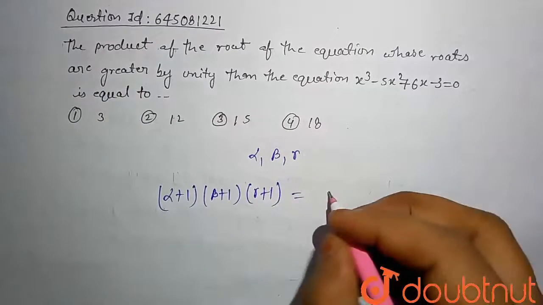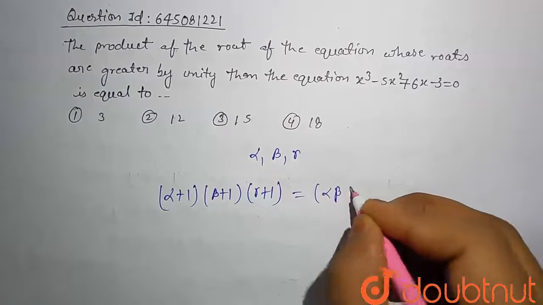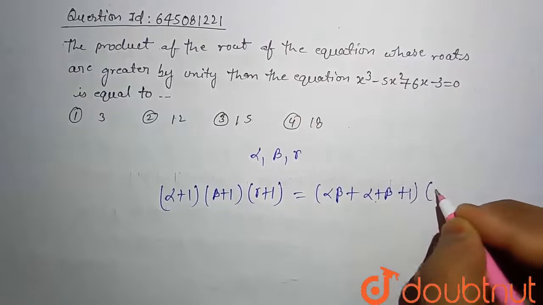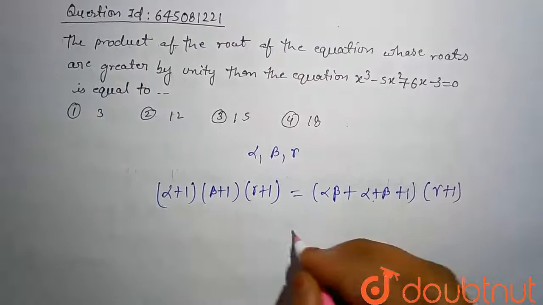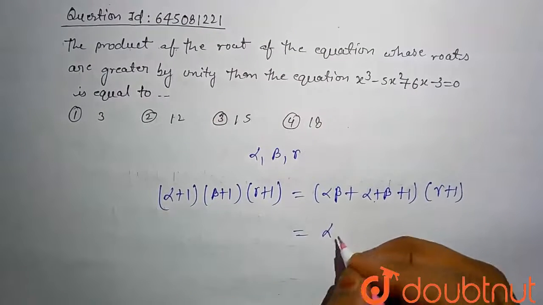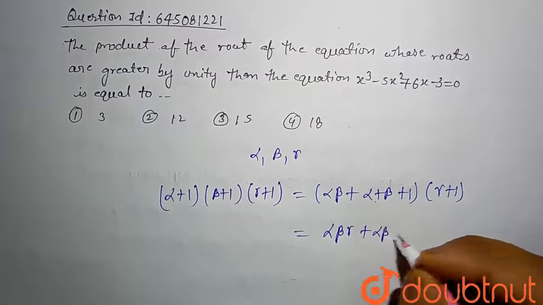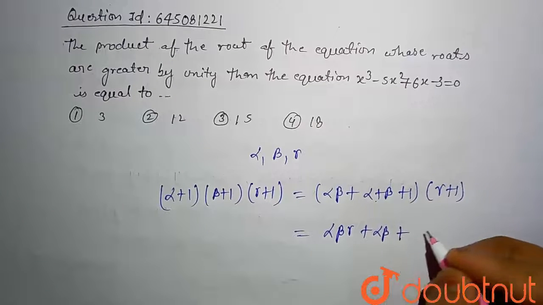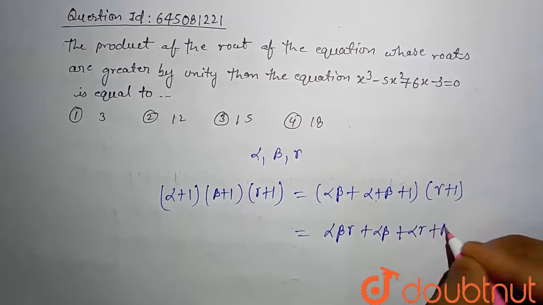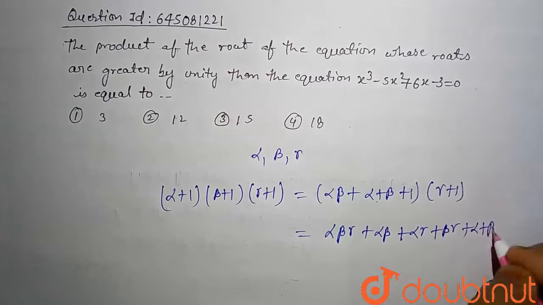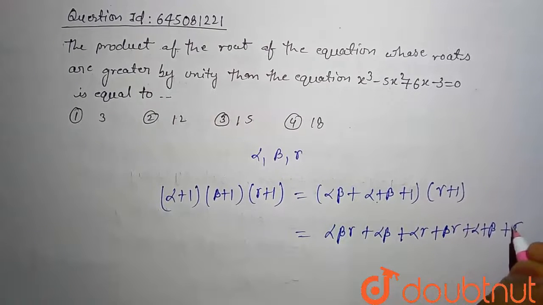Let's compute this. This comes out as alpha plus 1 into beta plus 1 into gamma plus 1. If you multiply this, it comes alpha beta gamma plus alpha beta plus alpha gamma plus beta gamma plus alpha plus beta plus gamma plus 1.